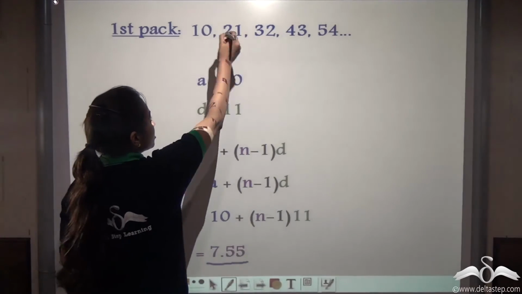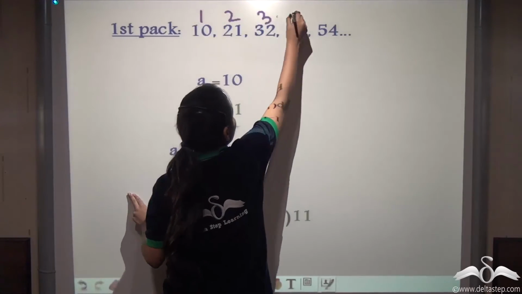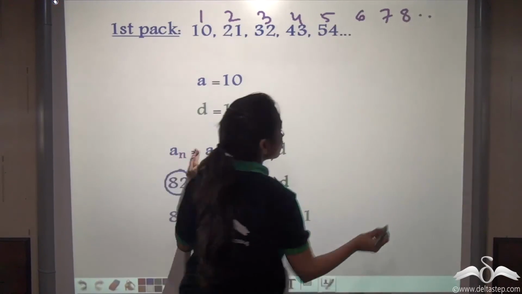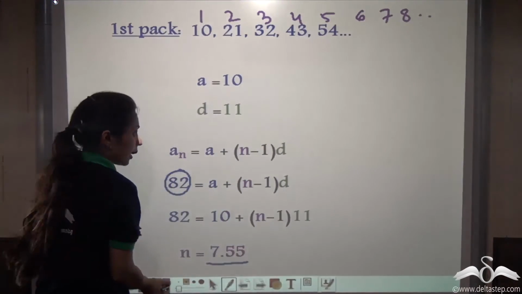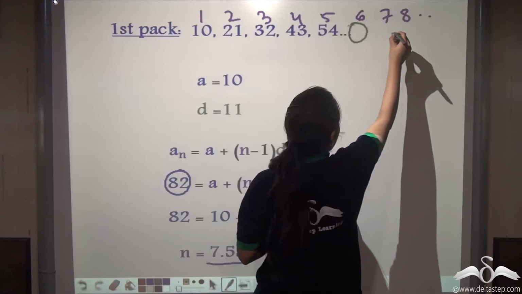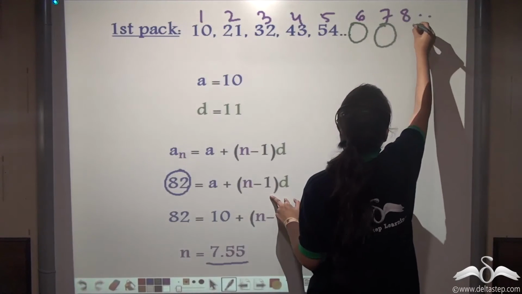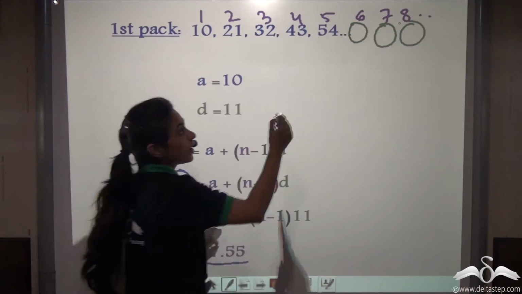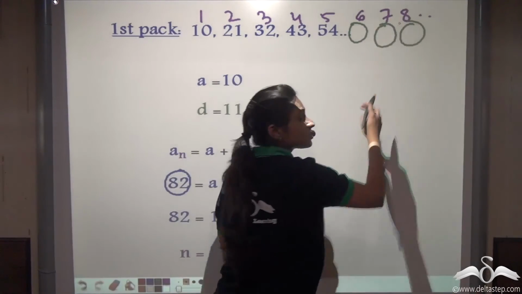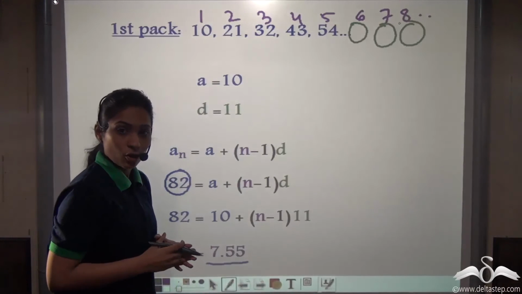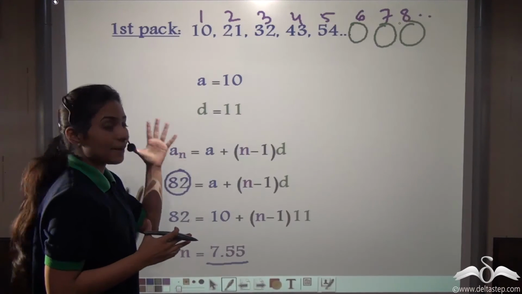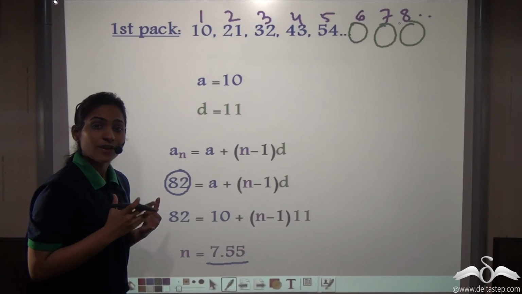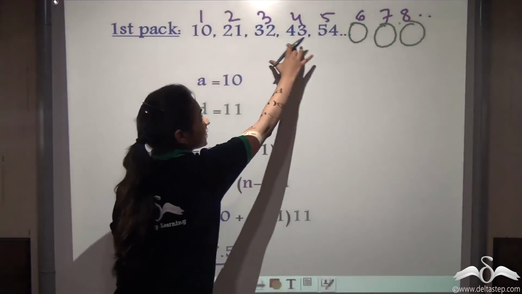We know that the positions are 1, 2, 3, 4, 5, 6, 7, 8 and so on. So there must be a number in the 6th position, a number in the 7th position and a number in the 8th position. But will there be a number in the 7.55th position? No. Now we know that an AP series can have fractions or decimals or even negative numbers in the series.